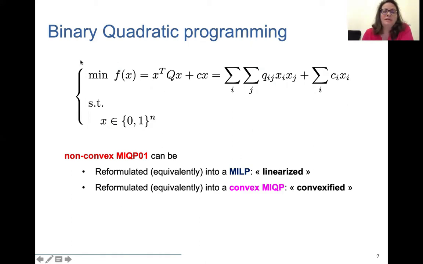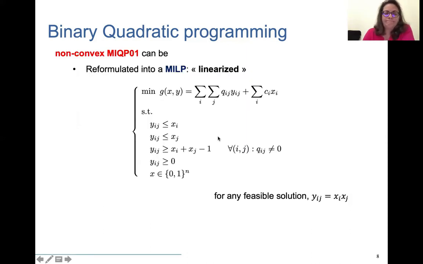So here I take the easy case where we have only a quadratic form and binary variables. And what you can do when linearizing is just replace every product of two variables by a new one and add those linear inequalities. So this is very common.